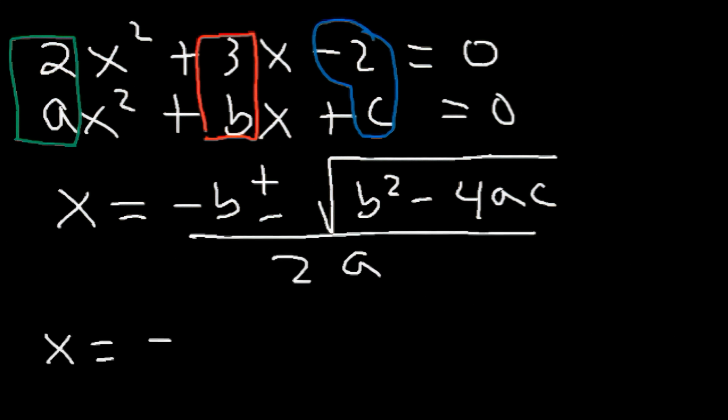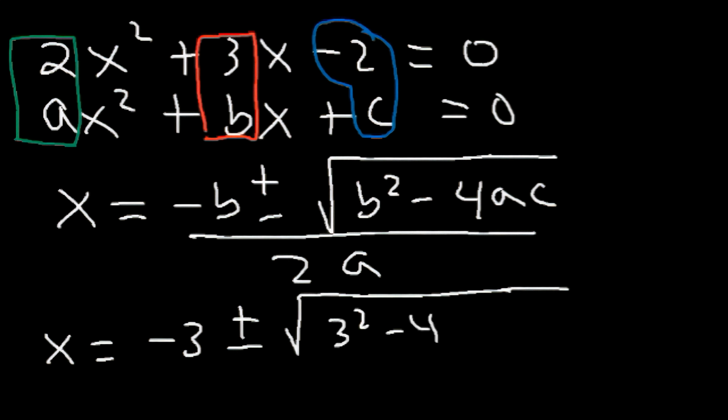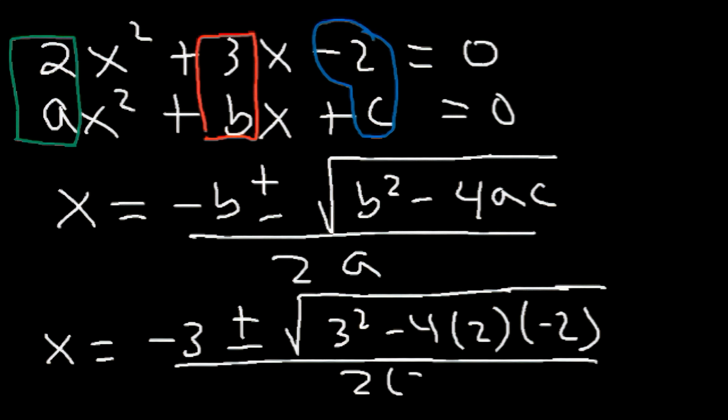So it's going to be negative 3, because b is 3, plus or minus b squared, or 3 squared, minus 4 times a, which is 2, times c, which is negative 2, divided by 2a, or 2 times 2.